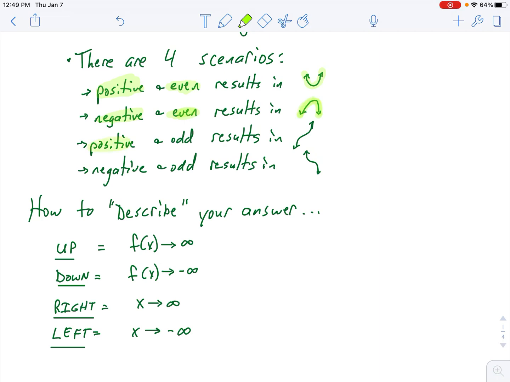Then you can have a positive odd, so a positive lead coefficient, an odd power, odd degree, and that creates this spaghetti shape that goes uphill from left to right. So the odd makes the shape, the positive makes it go uphill. If it's odd with a negative lead coefficient, it's still that spaghetti shape, but it goes downhill. So the fact that it is odd gives it the shape, the negative makes it go downhill instead of uphill.